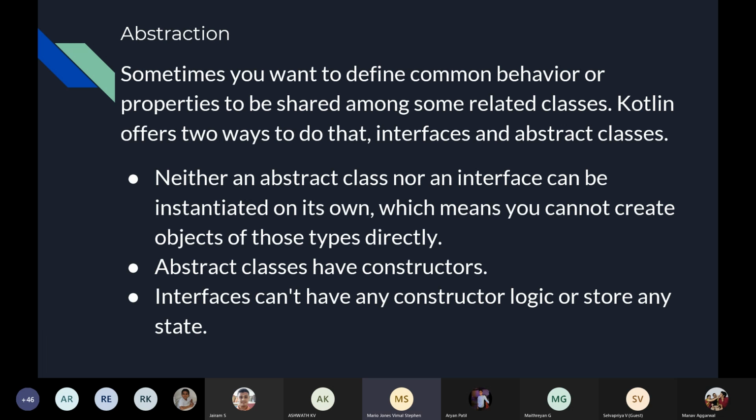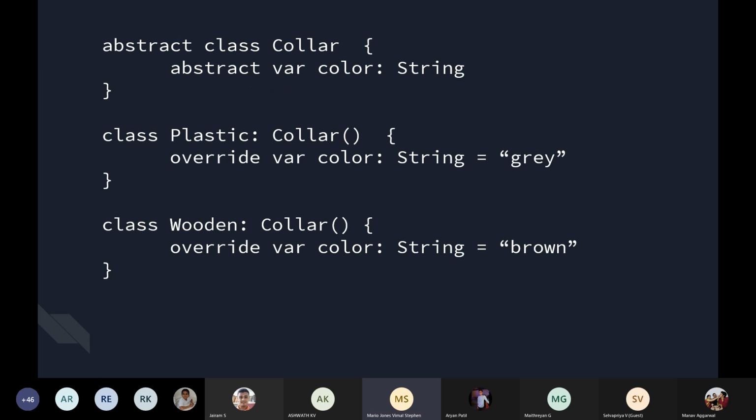Sometimes you want to define a common behavior or properties to be shared among some related classes. So the classes plastic collar and wooden collar are two related classes. So you define an abstract class called collar, to define the properties that are common to these two classes.